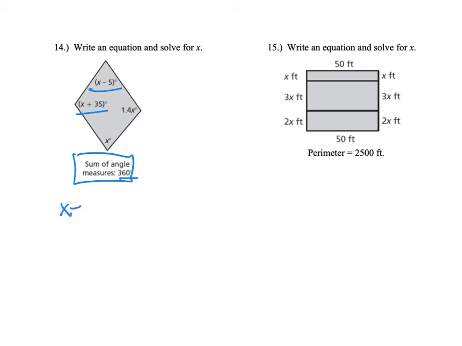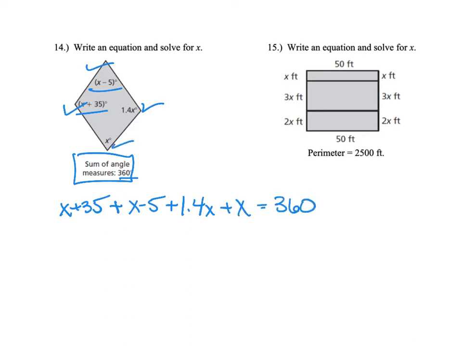So x plus 35 is this one, plus x minus 5 is this one, plus 1 4/10 x is this one, plus x equals 360.